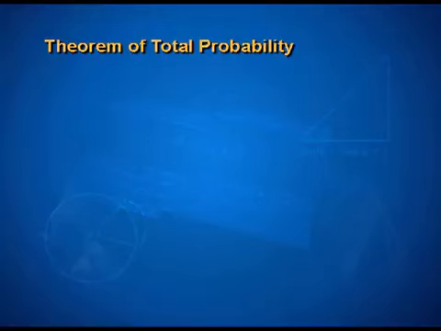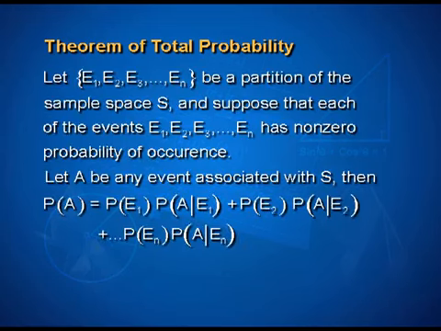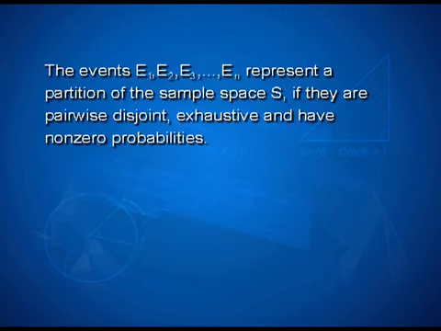Theorem of total probability says that if E1, E2, E3 up to En are partitions of the sample space. Partition is a term which we are introducing right now. So, let us take a look at what partition means. Events E1, E2, E3 up to En represent a partition of the sample space if they are pairwise disjoint, exhaustive and have non-zero probabilities.